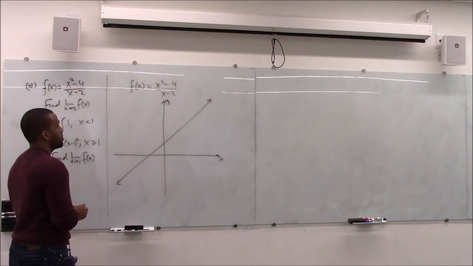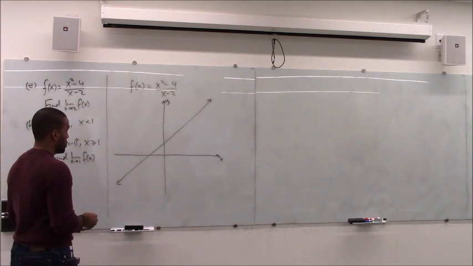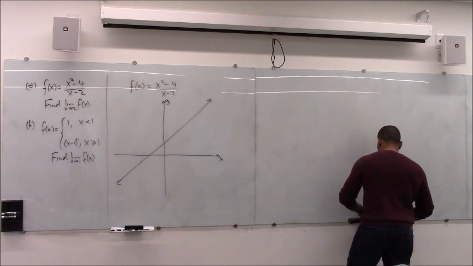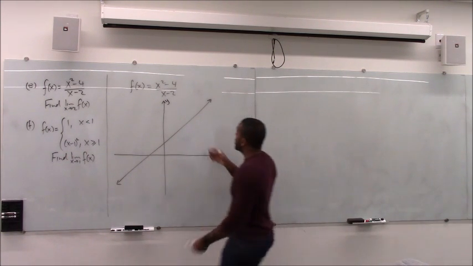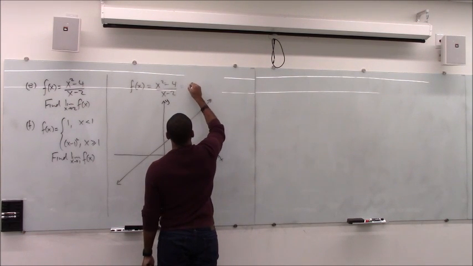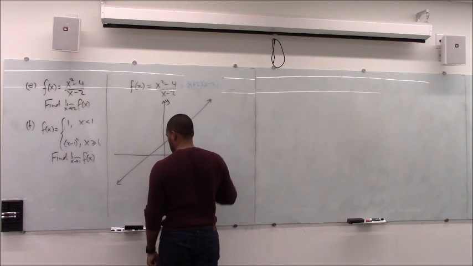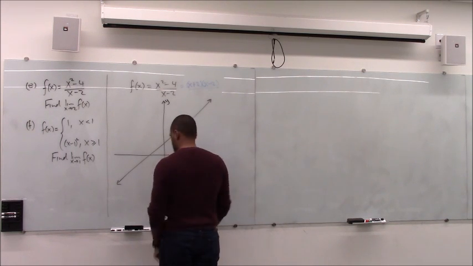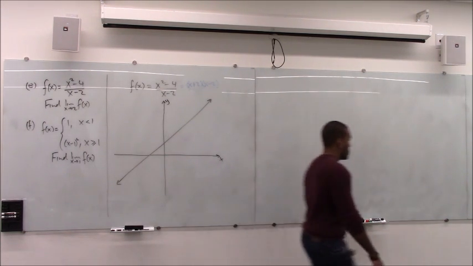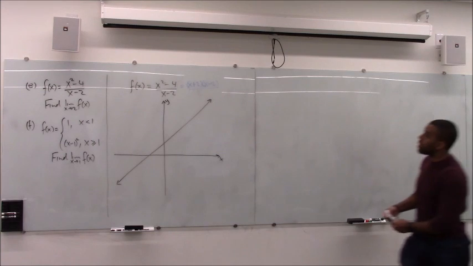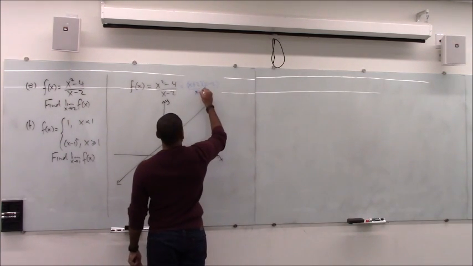So you simplify the top. x squared minus 4 was x plus 2 times x minus 2. So we can simplify here. x plus 2 times x minus 2 over x minus 2.